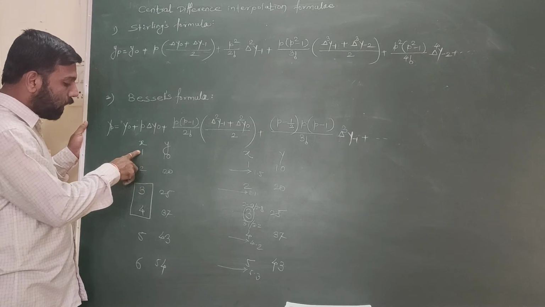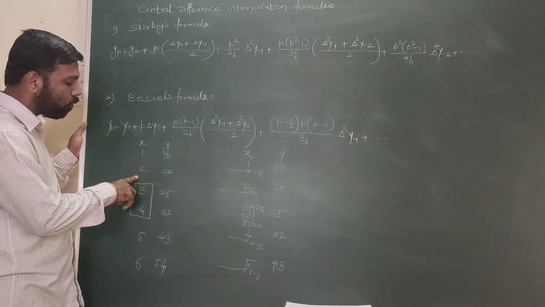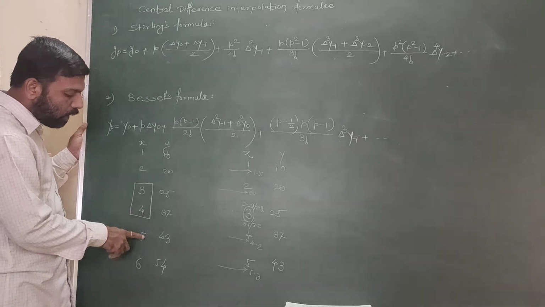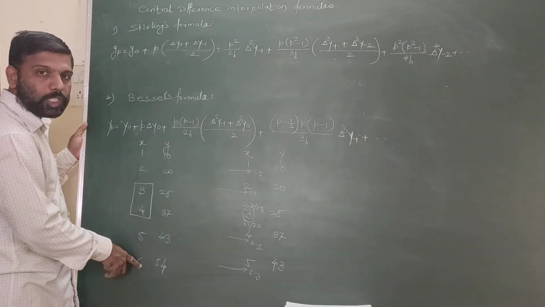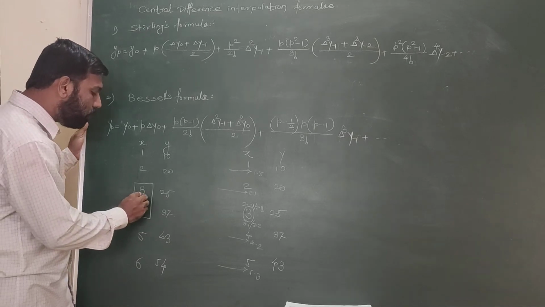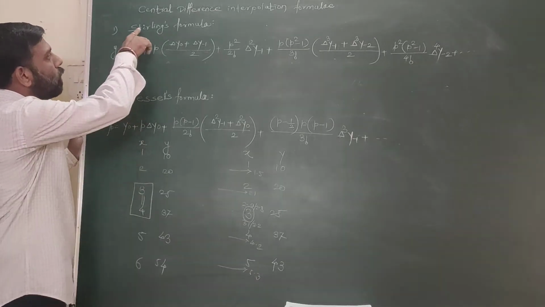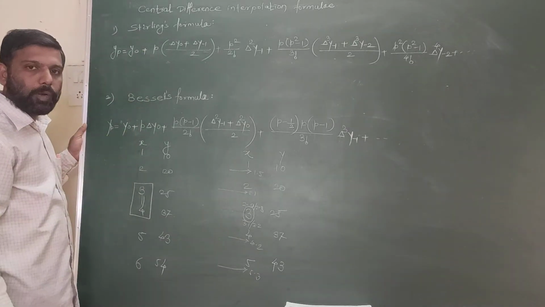Above these, for any value, we use Newton's forward interpolation. Below the center line, we use Newton's backward interpolation formula. And for a value in between this interval, we use either Stirling's or Bessel's formula.